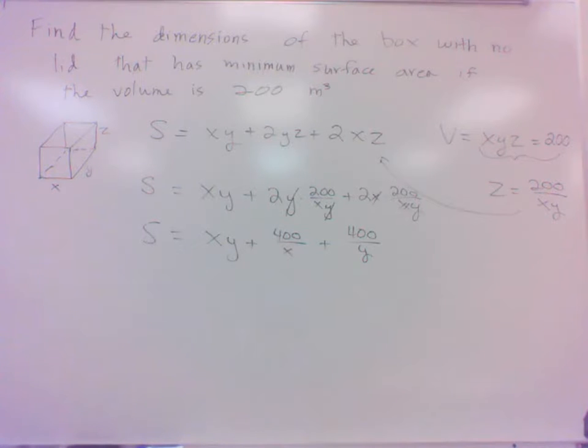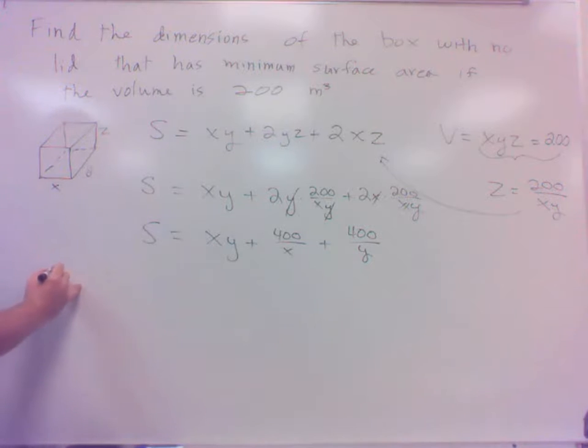All right. So what we've come to find out is our minimum values. Where are they going to occur? When the gradient is 0, when the partial derivatives are 0.